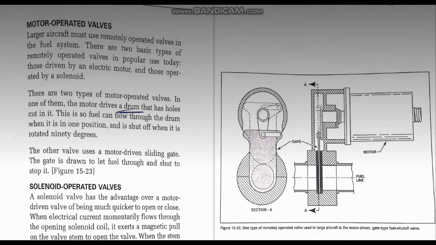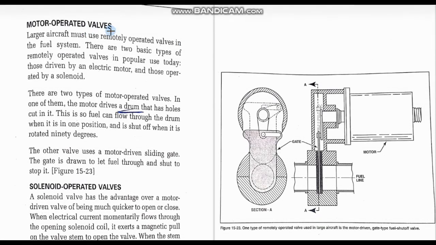The second type of operated valves in a fuel system is motor operated valves. Larger aircraft must use remotely operated valves in the fuel system. There are two basic types of remotely operated valves in popular use today: those driven by an electric motor and those operated by solenoid. Here we are operating by a motor.